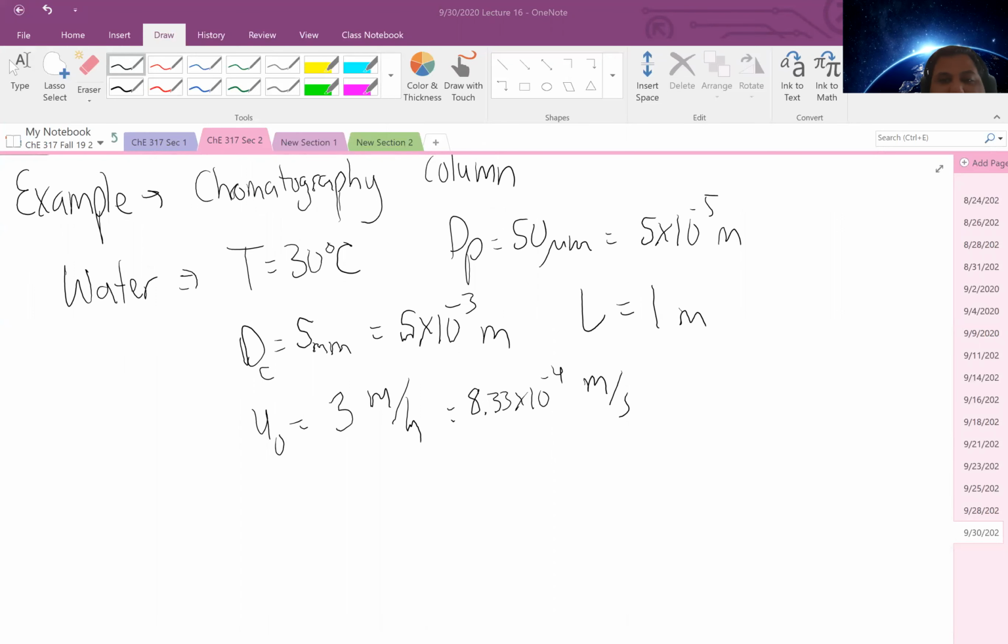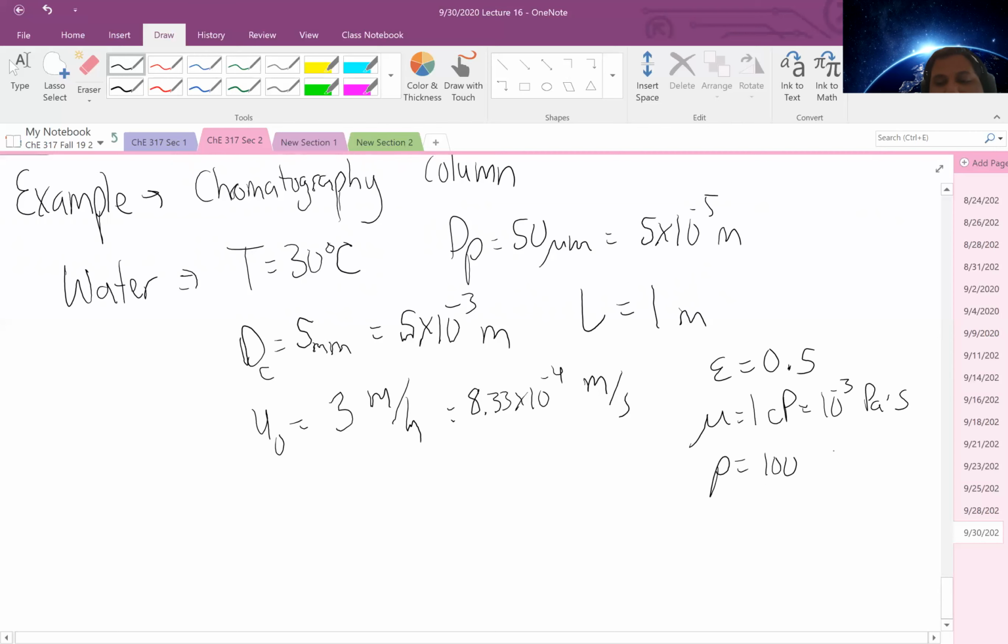And this didn't say anything about void fraction, so I'll assume my void fraction is 0.5. And I'll make things simple in terms of viscosity, 10 to the minus 3 pascal seconds, and a density of approximately 1,000 kilograms per cubic meter for the water.